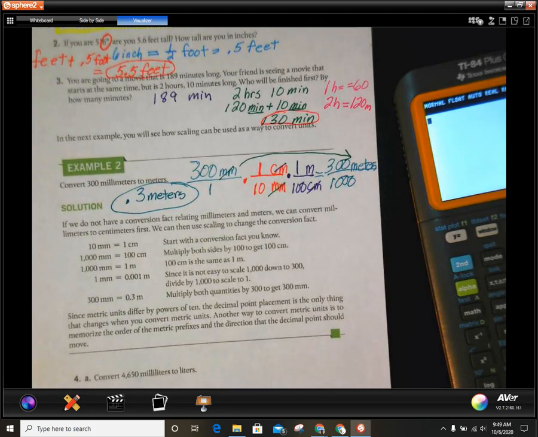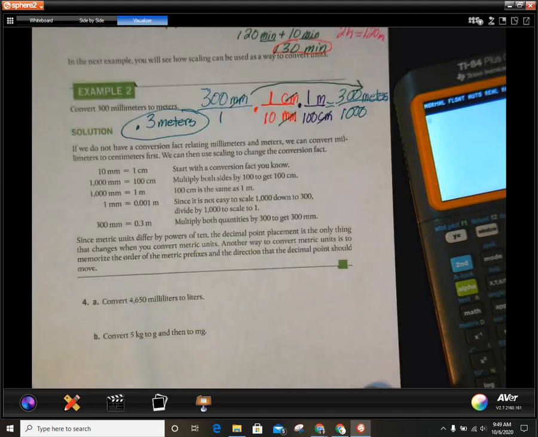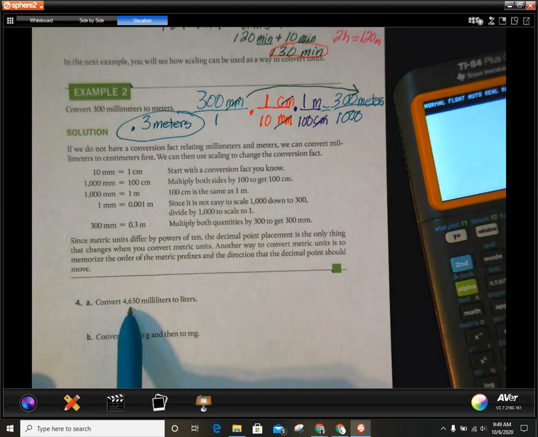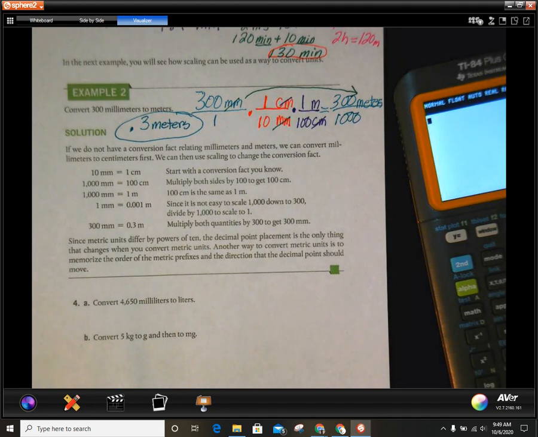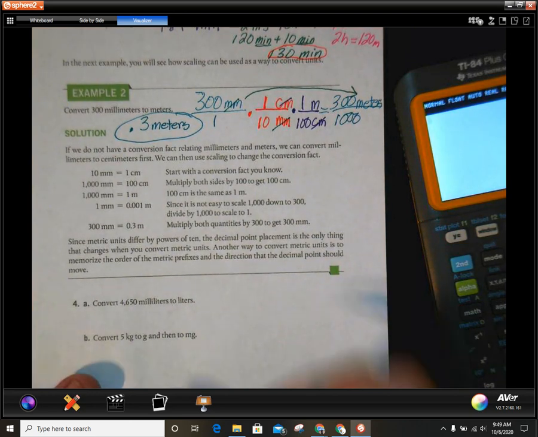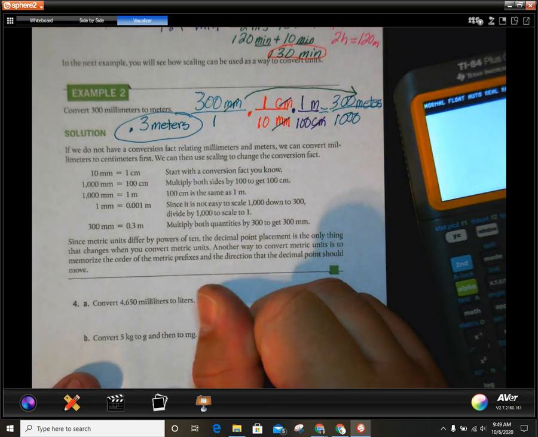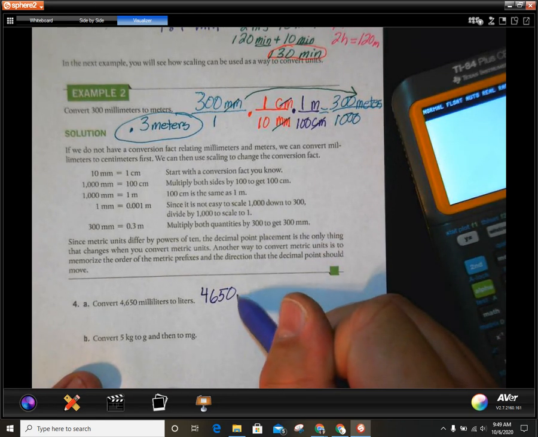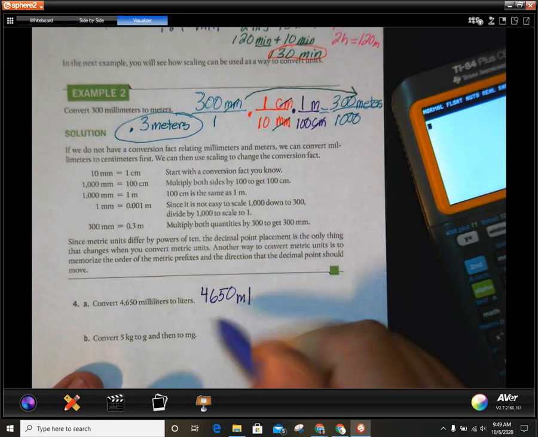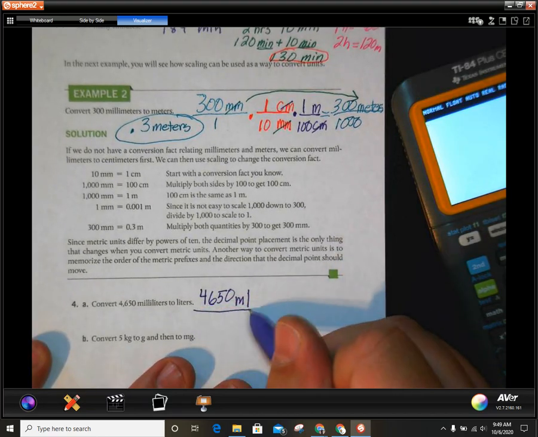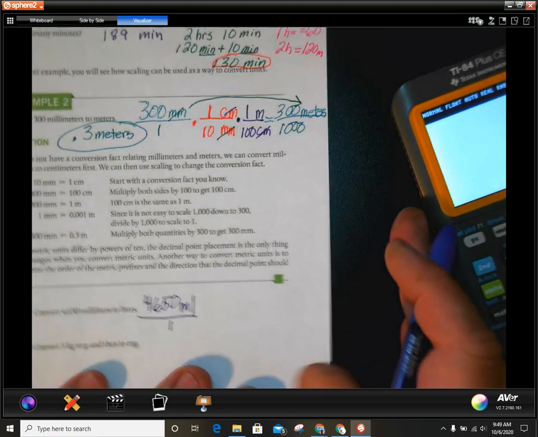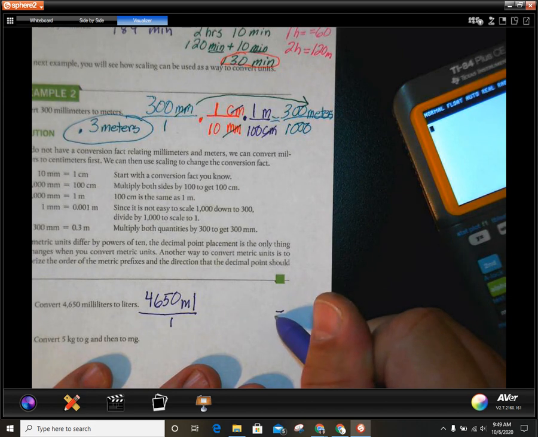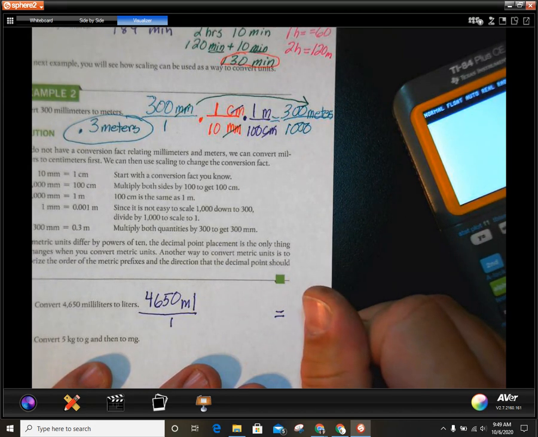Okay, let's look at number 4. Convert 4650 milliliters to liters. Okay, so I've got 4650 milliliters, and I want to convert it to liters.